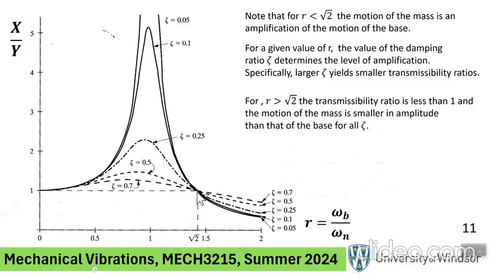The amplitude of the motion of the mass is less than the amplitude of the motion of the base. That is true because this transmissibility is less than 1. However, as you increase the damping, that X over Y becomes closer to 1. Okay? You may or may not have expected that.